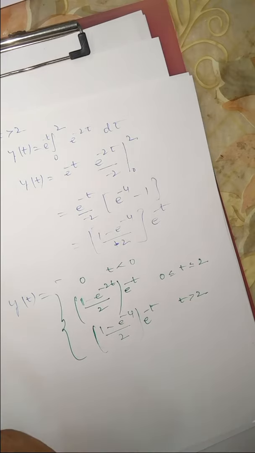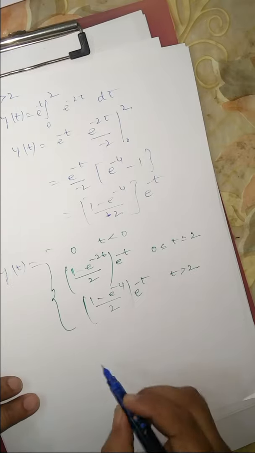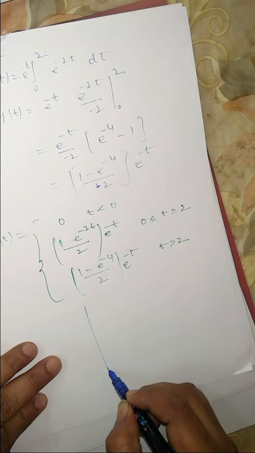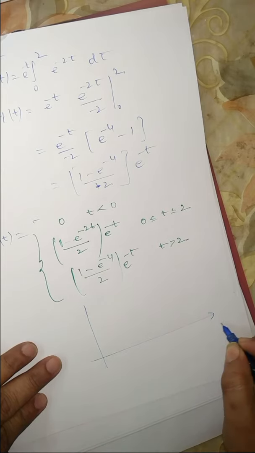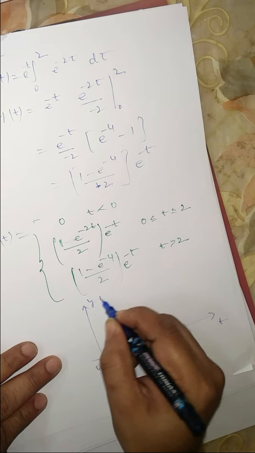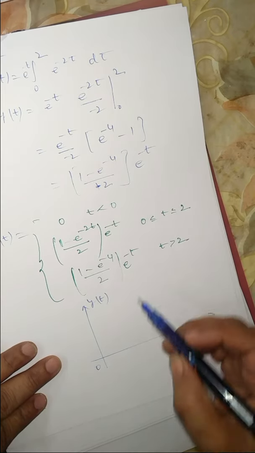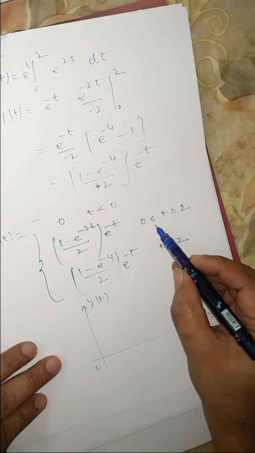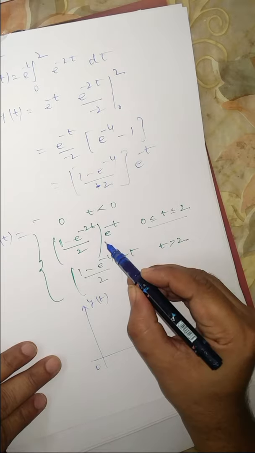To draw its output signal, it looks like this. This is t, this is 0, this is y of t. When t is in between 0 and 2, we should use this output.